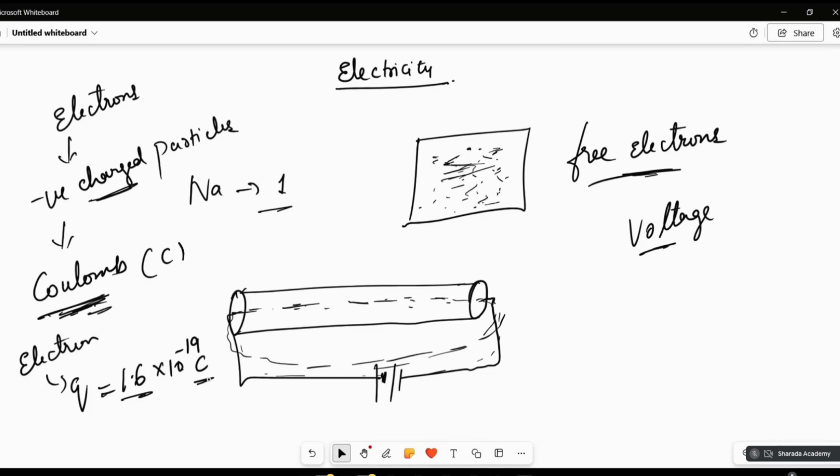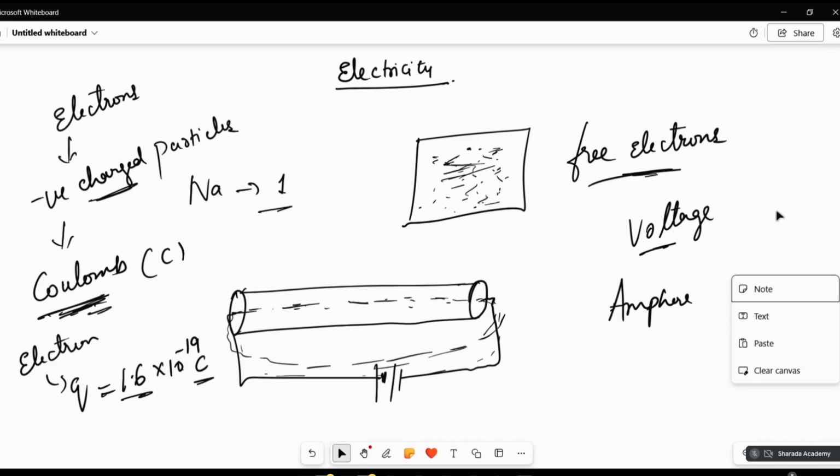We measure the current in an SI unit, we call that ampere. So some basic things you understood? So we'll write some definitions, then we'll continue.